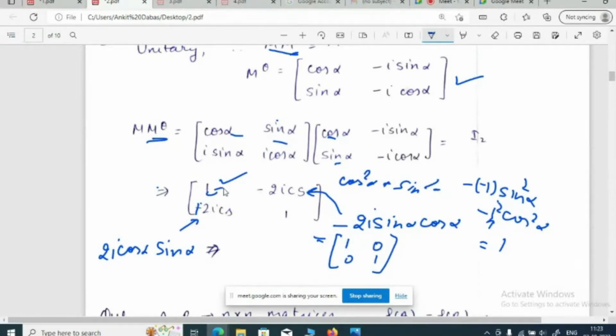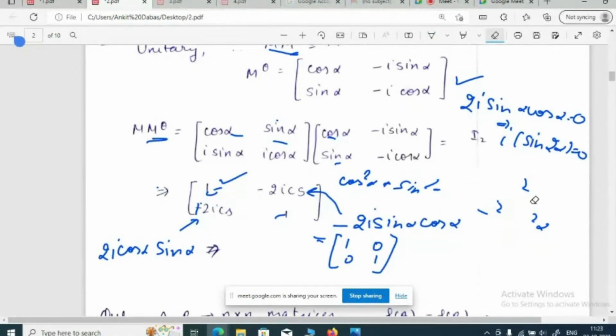So the diagonal entries are fine. We have to compute the value of alpha from the other terms: 2 iota sin alpha cos alpha is equal to 0. This implies iota into sin 2 alpha is equal to 0. Because iota is not equal to 0, sin of 2 alpha is 0.